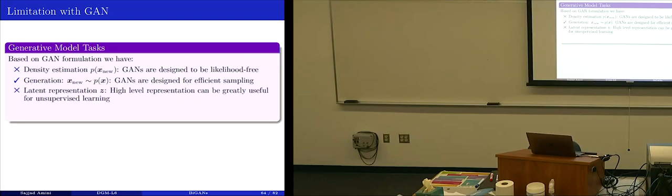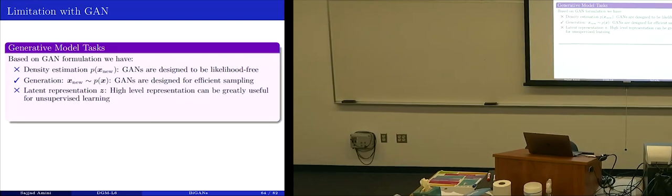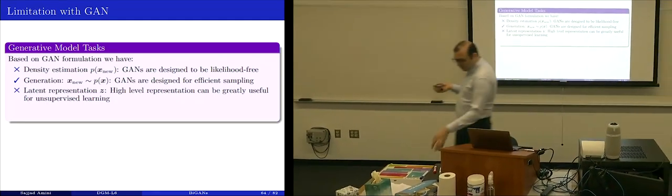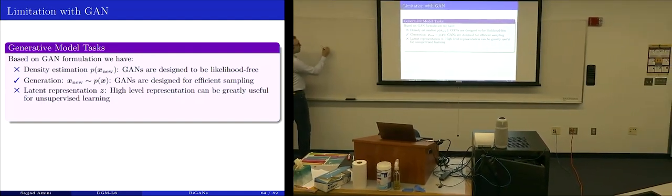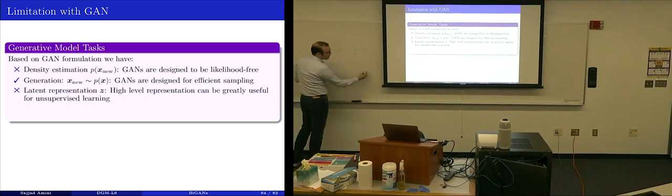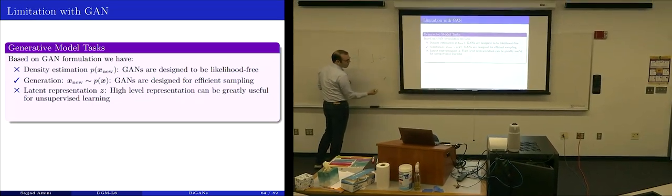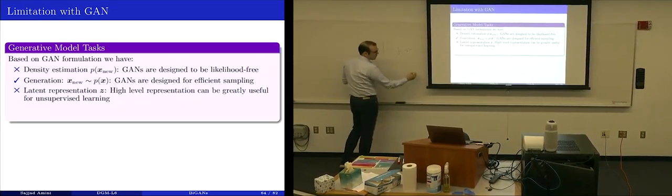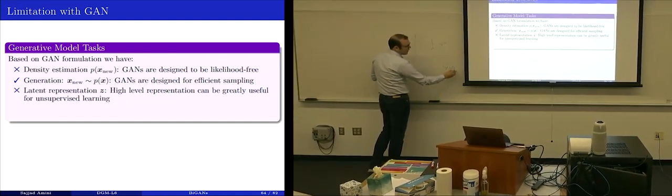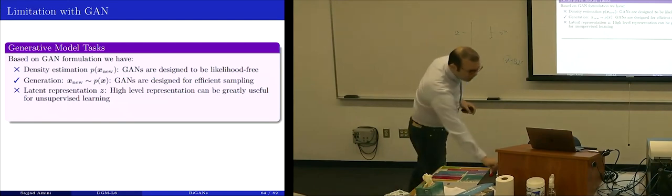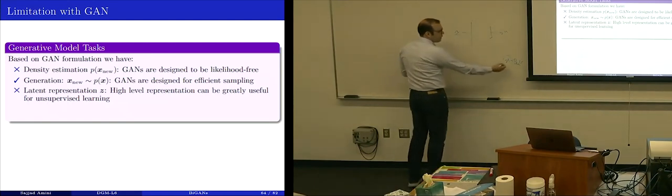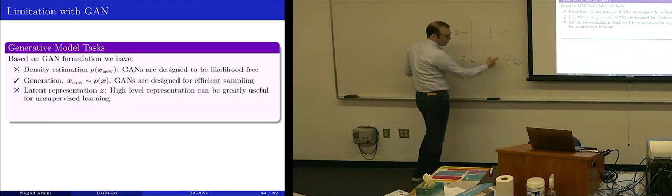And also the latent representations. In the basic GAN that we talked about here, you can generate new samples using a latent variable z, but assume that you are given a true image x coming from the data distribution. We cannot talk about any corresponding z to this x.